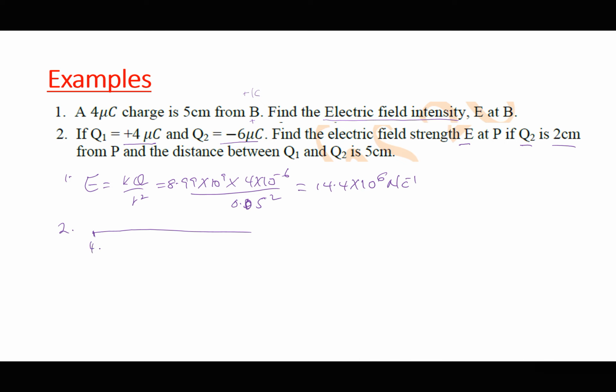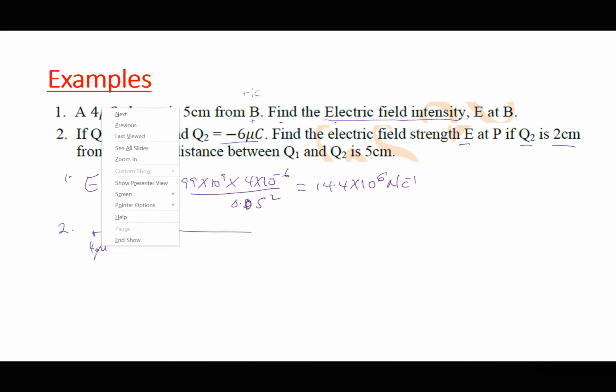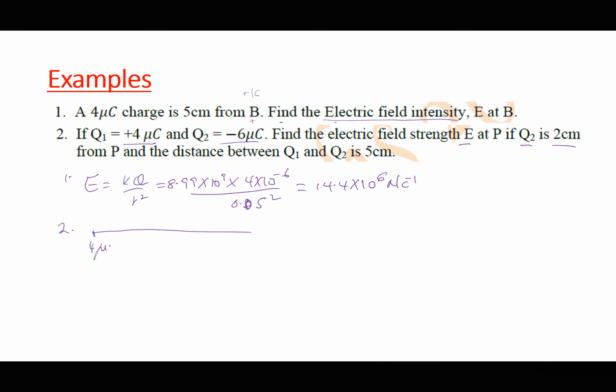Q1 is 4 microcoulombs positive, and Q2 is negative 6 microcoulombs, but Q2 is 2 centimeters from P. So P is a point. This is 2 centimeters. And of course, if the distance between them is 5 centimeters, this will be 3 centimeters.